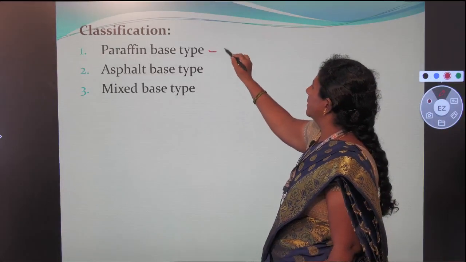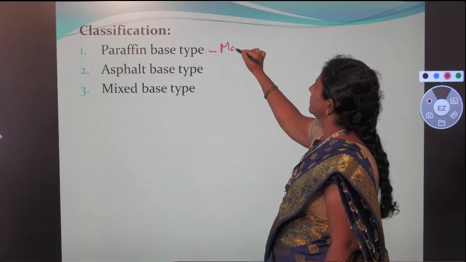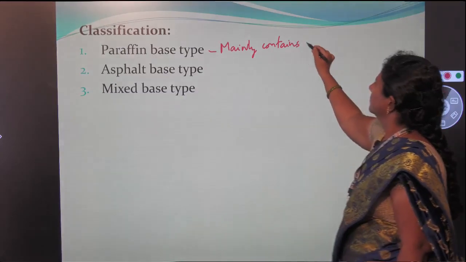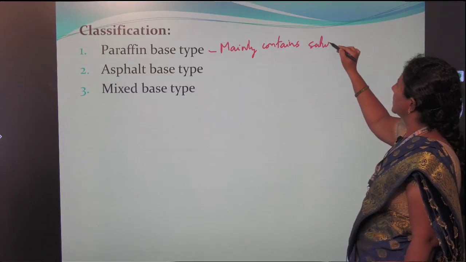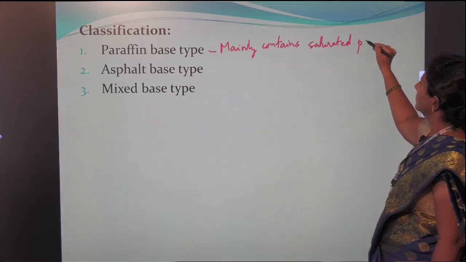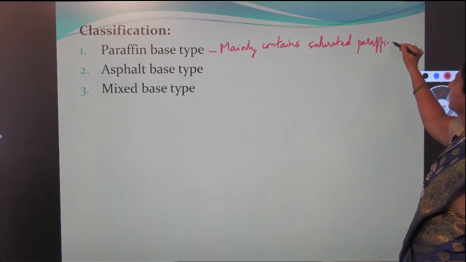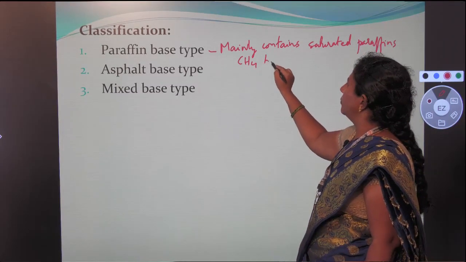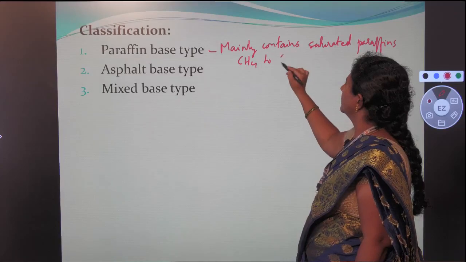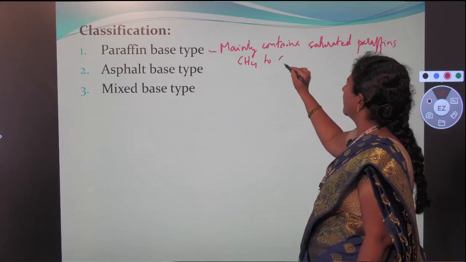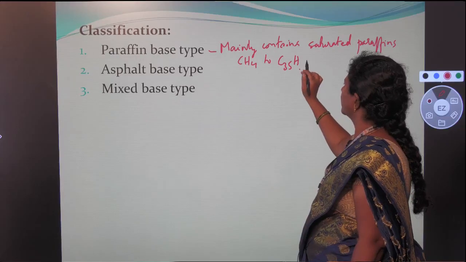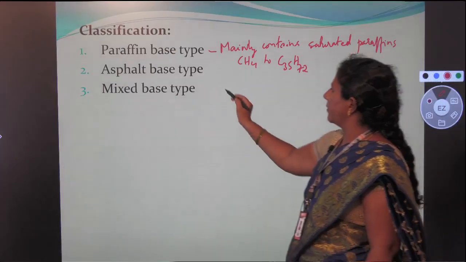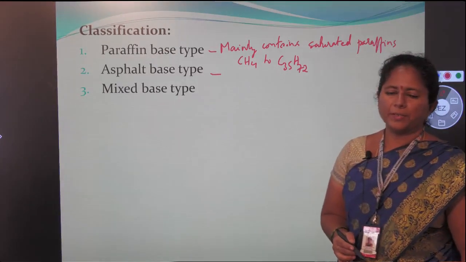Paraffin based type means mainly contains saturated paraffins, starting from methane to the saturated paraffins containing 35 carbon atoms, C35H72.